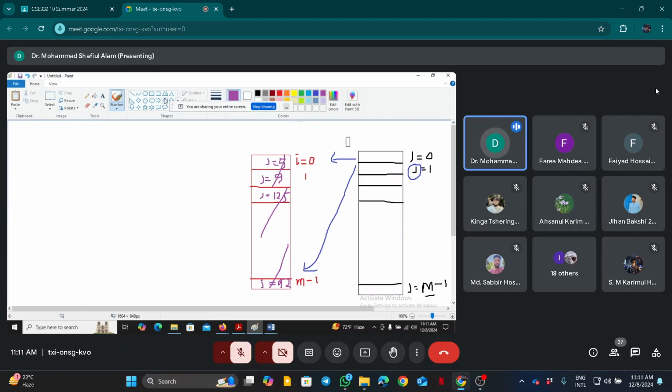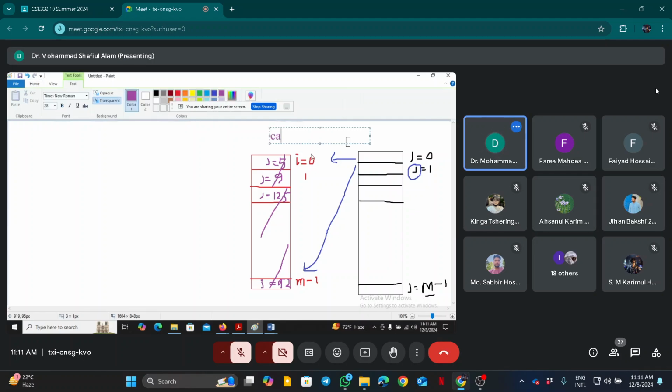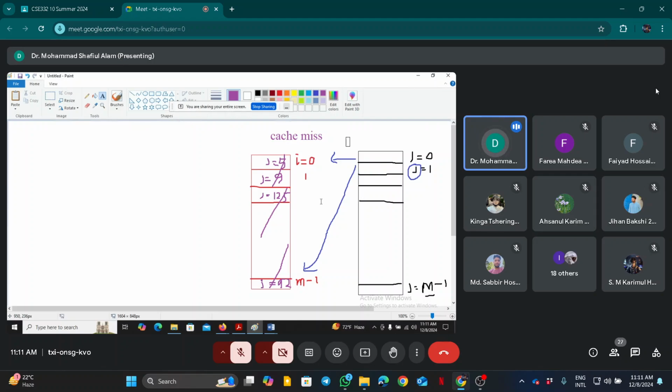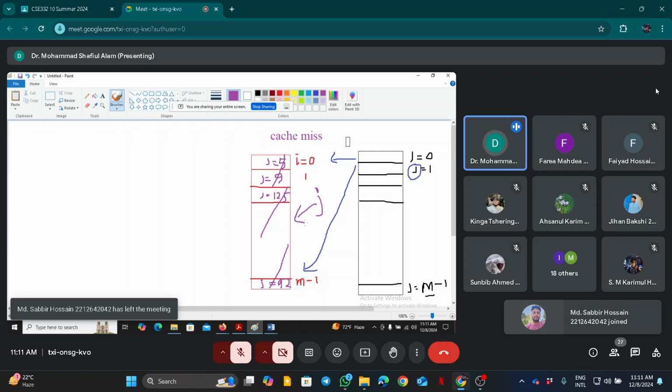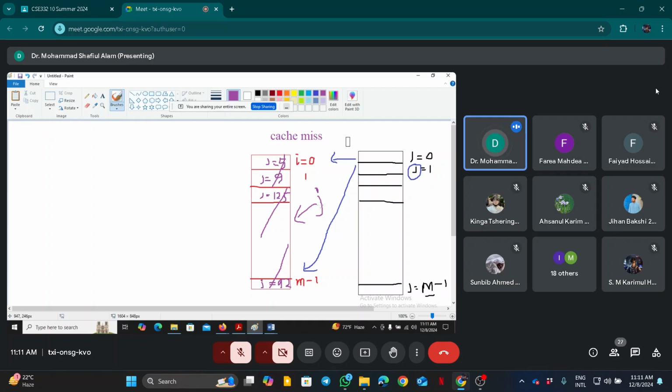Now, if there is a cache miss, always a new block must be copied from RAM into cache. Now the question is how to make room for this new one.